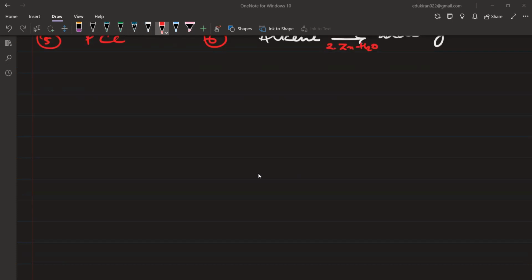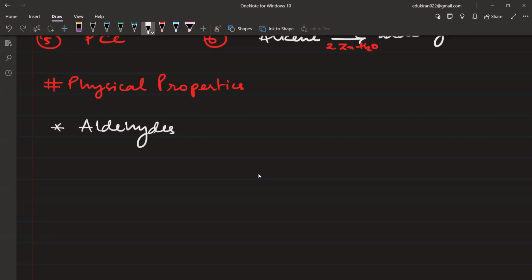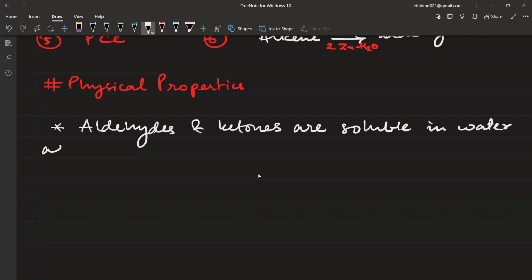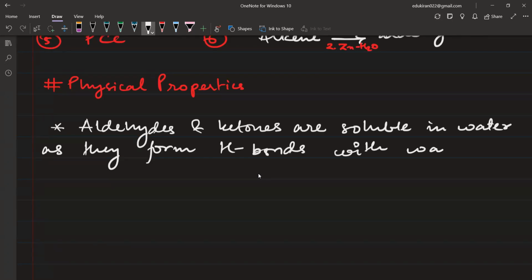Physical properties. Aldehydes and ketones are soluble in water as they form hydrogen bonds with water.